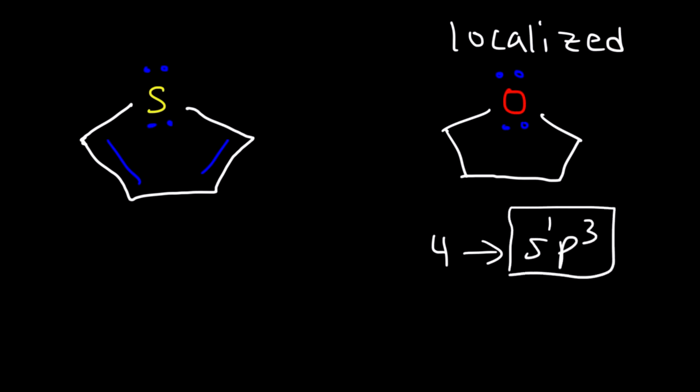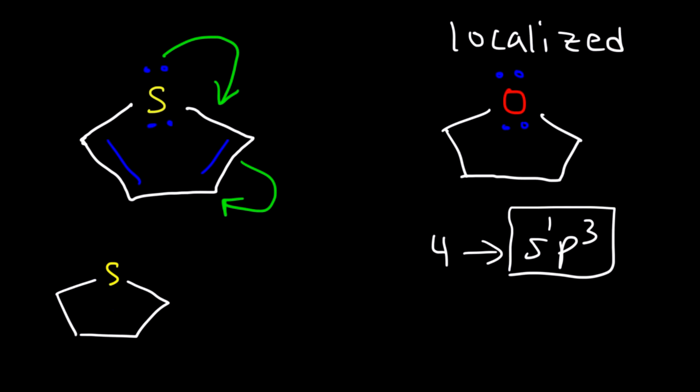Now what about the sulfur atom? One of the lone pairs can move, not both though. This lone pair can move here, causing a double bond to push 2 electrons on that carbon. So this will give us a structure that looks like this. So now the sulfur bears a positive charge and the carbon bears a negative charge.